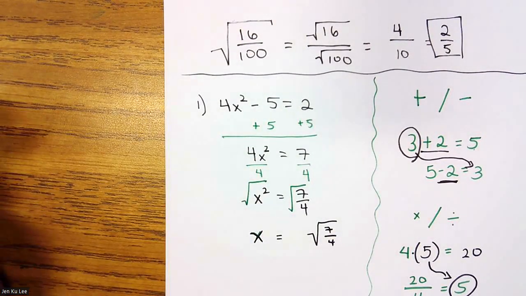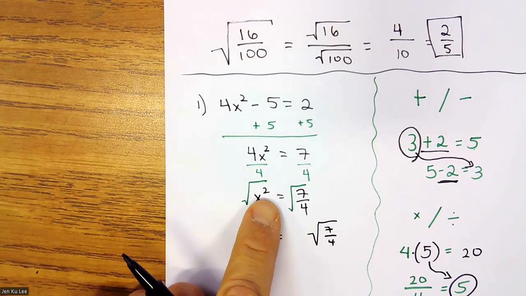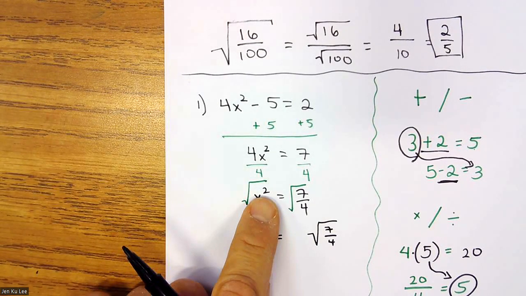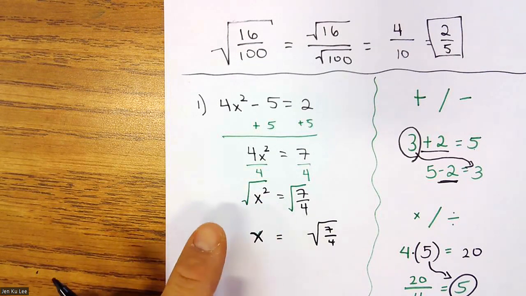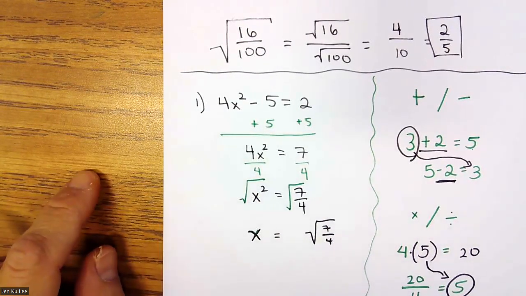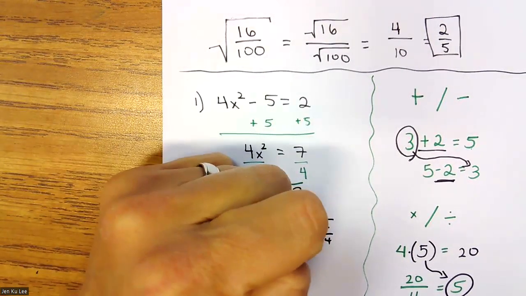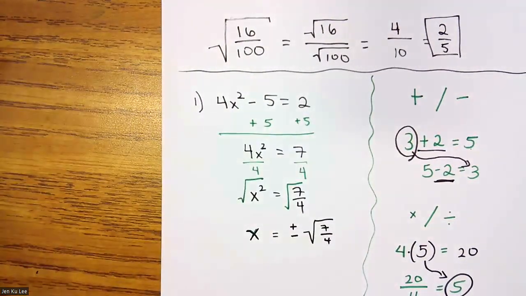But since this is squared, and if you square a negative number, it becomes a positive number anyway, this has to be a plus or minus. It's always going to be plus or minus.